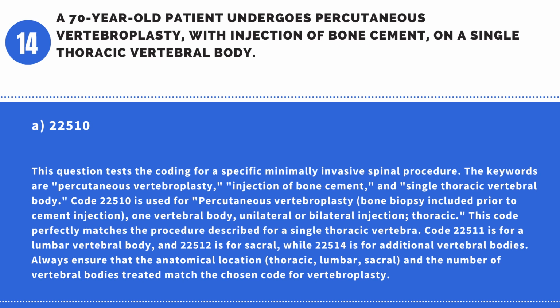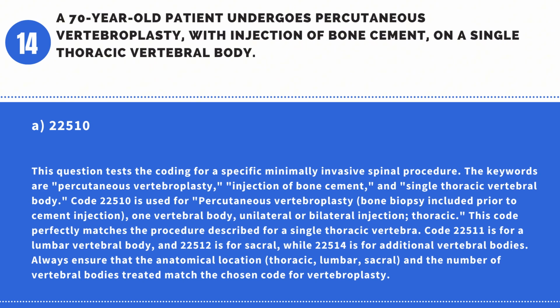This code perfectly matches the procedure described for a single thoracic vertebra. Code 22511 is for a lumbar vertebral body, and 22512 is for sacral, while 22514 is for additional vertebral bodies. Always ensure that the anatomical location, thoracic, lumbar, sacral, and the number of vertebral bodies treated match the chosen code for vertebroplasty.